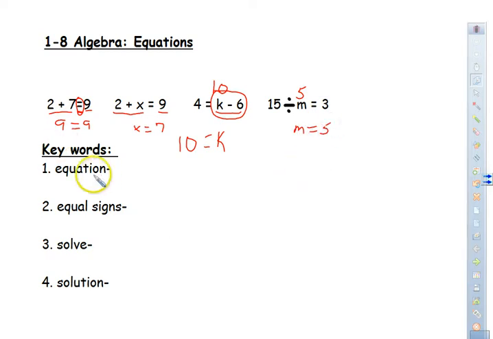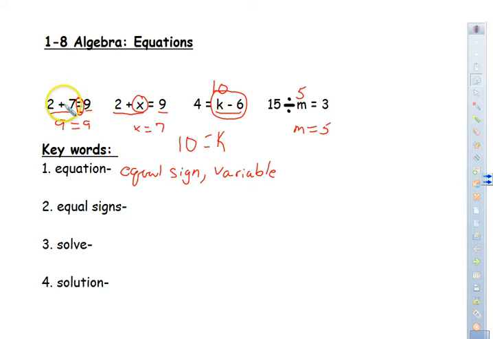So let's look at some of our key words, or definitions, of what an equation is. An equation has an equal sign. It also has a variable. And again, we've talked about what variables are, and that they're the letters that represent any number.